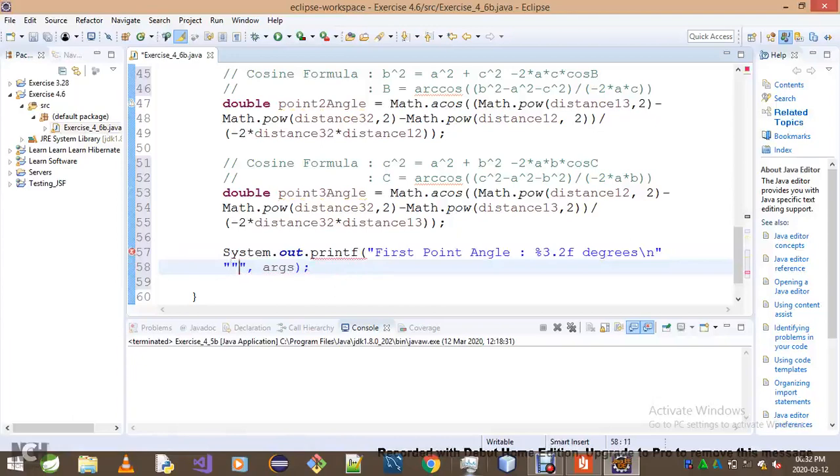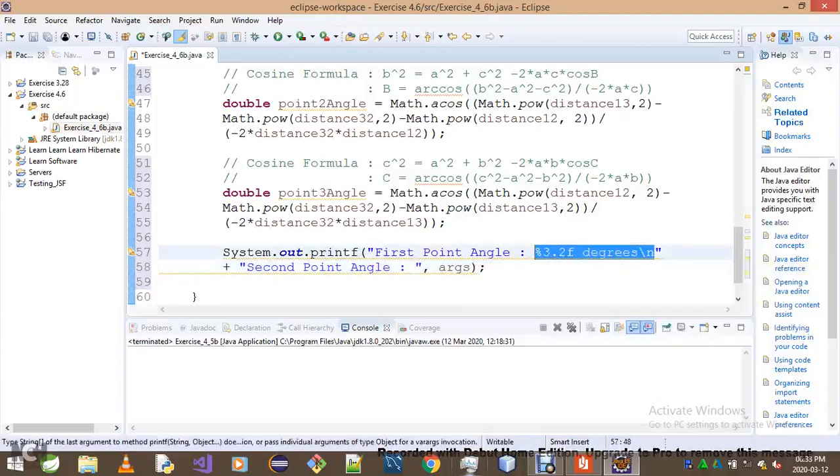Oops, seems like I messed up somewhere. Firstly I'll need a concatenation sign, and then go second point angle is given by, again I can put this. No, of course I don't want a double slash, I don't want to escape that.